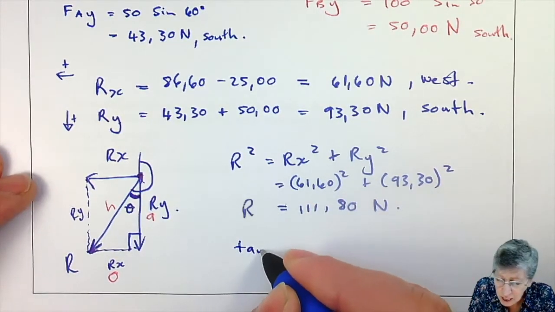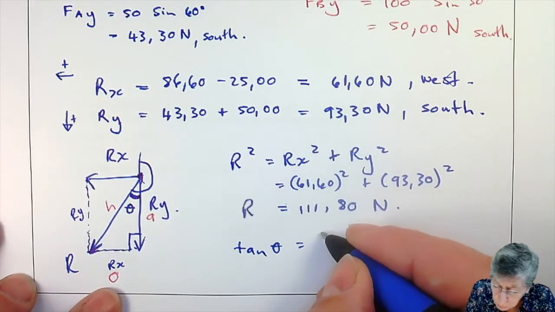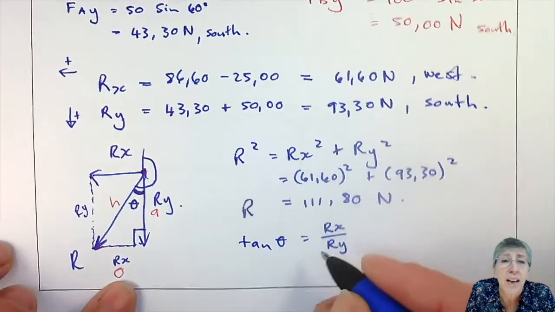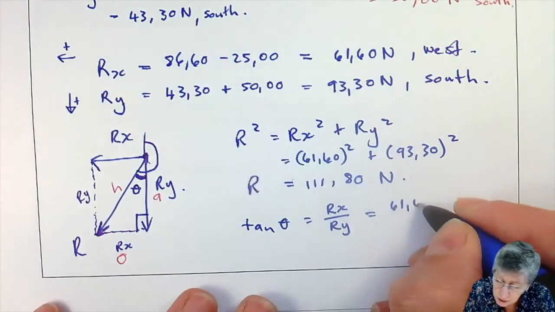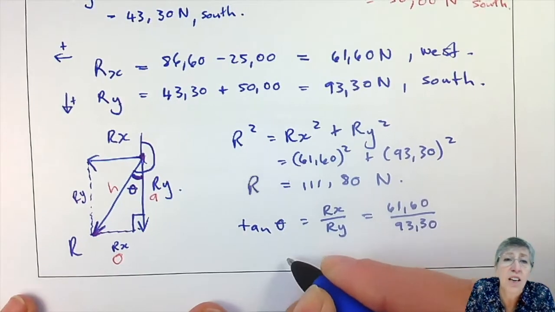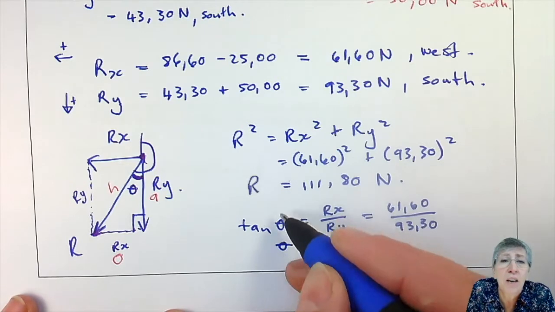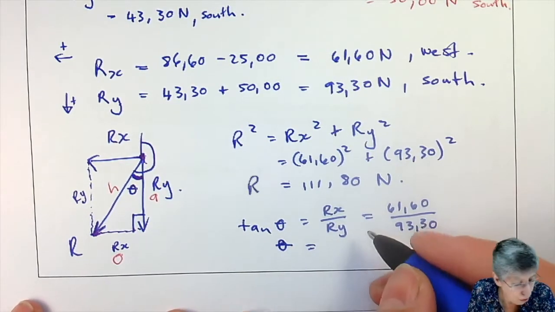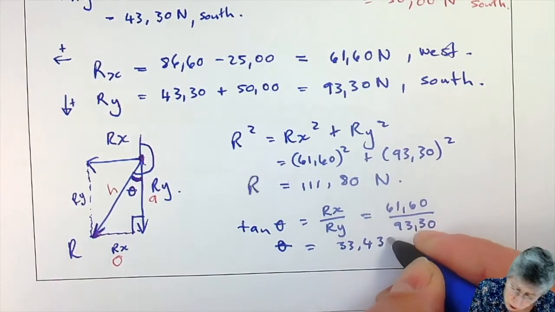So now tan theta will be opposite, which is Rx, divided by Ry. So I end up with tan theta being 61,60 divided by 93,30. And then you have to work out the angle, right? Now remember to use inverse or second function, right? Tan of that answer. And if you do that, you end up with 33,43 degrees.